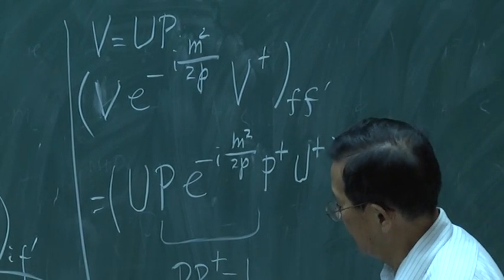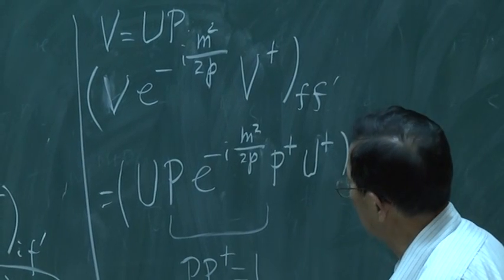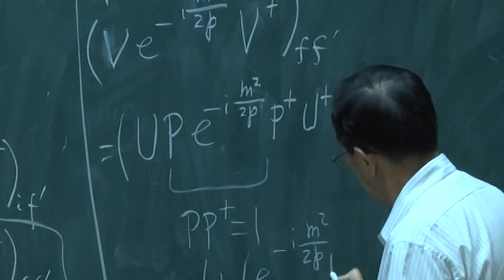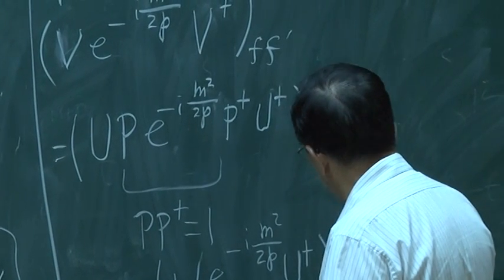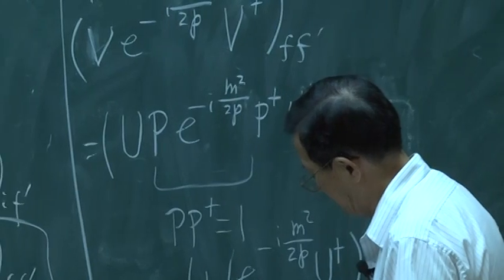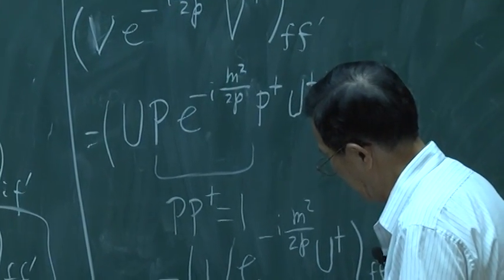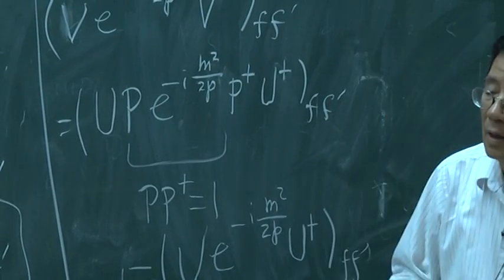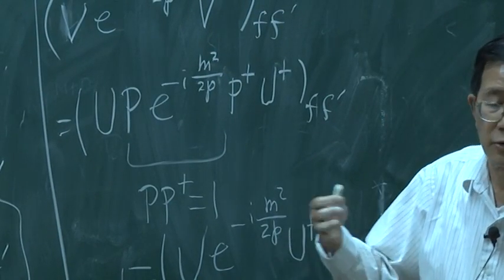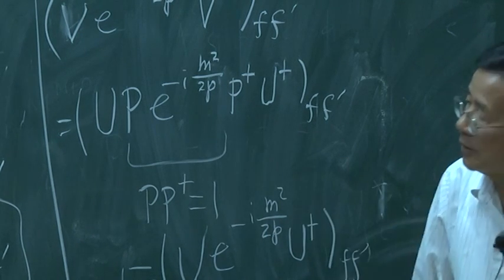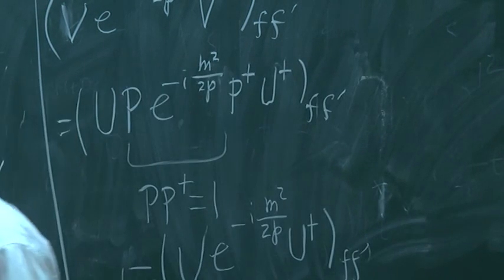So this is equal to U e to the minus i m squared over 2p U diagonal, independent of P. So it's impossible to detect the Majorana phases from neutrino oscillations.